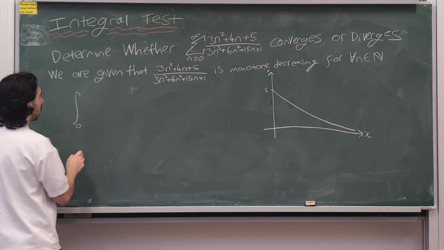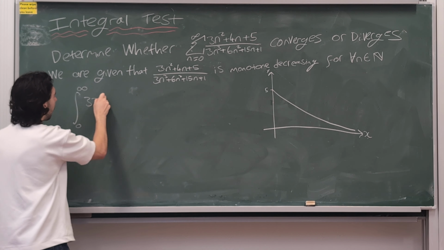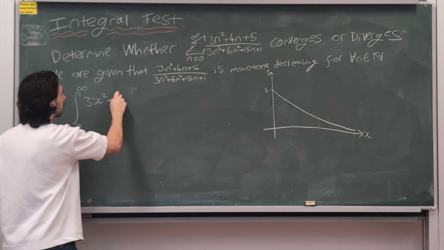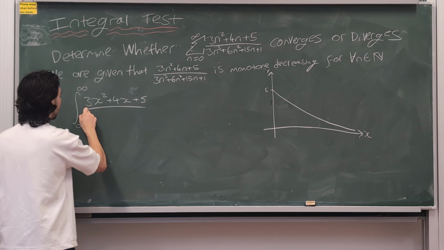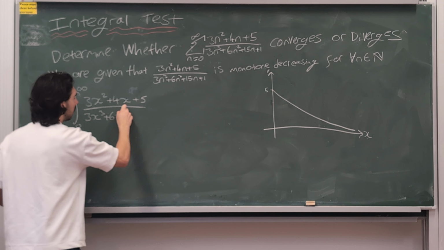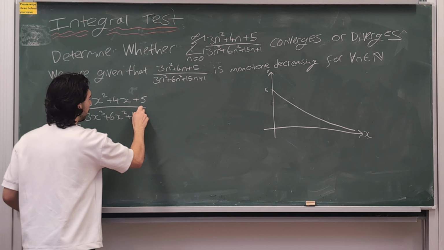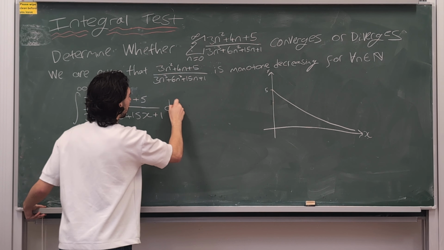The integral from 0 to infinity of 3x squared plus 4x plus 5 divided by 3x cubed plus 6x squared plus 15x plus 1 dx.